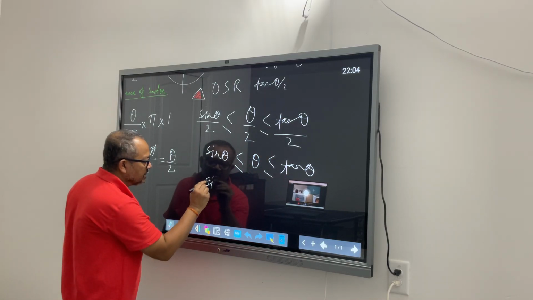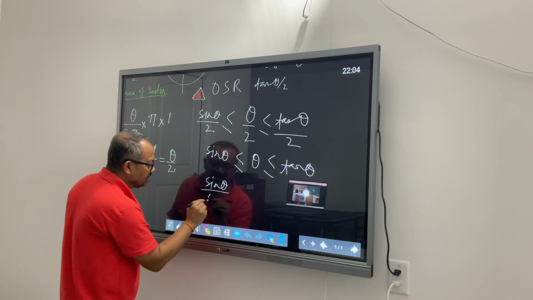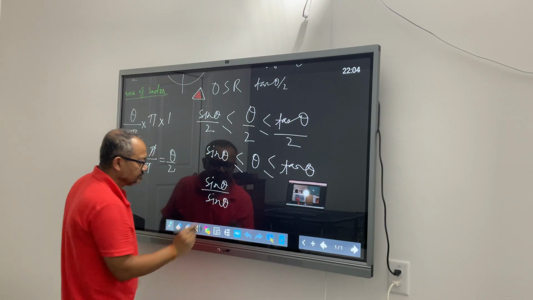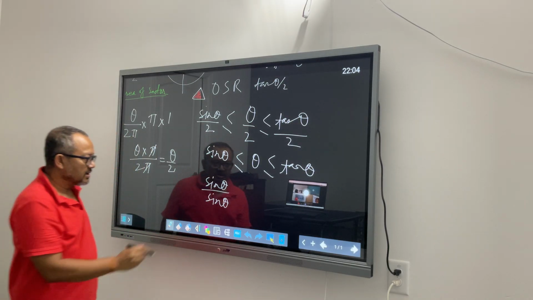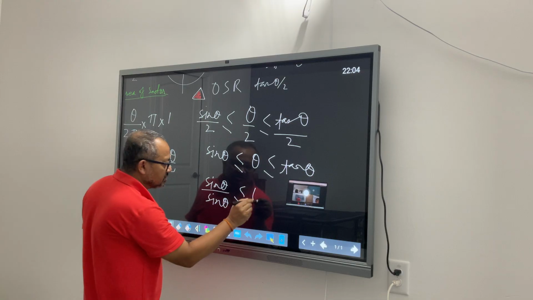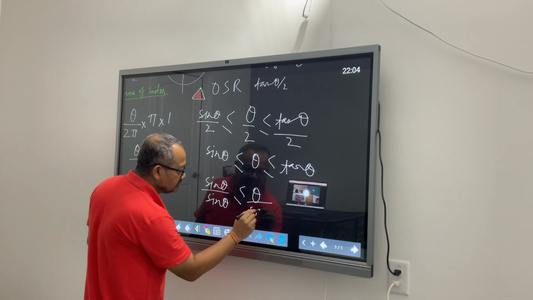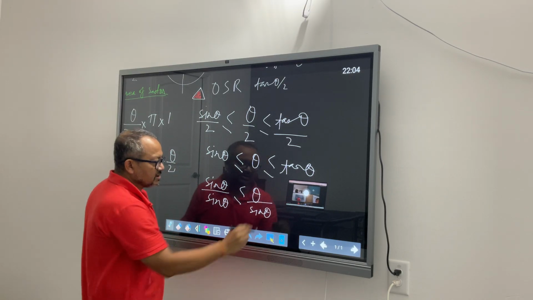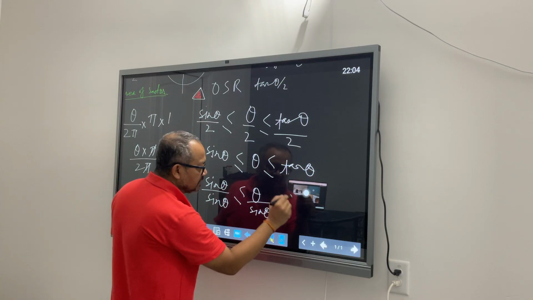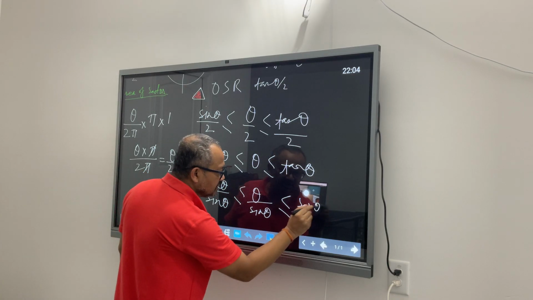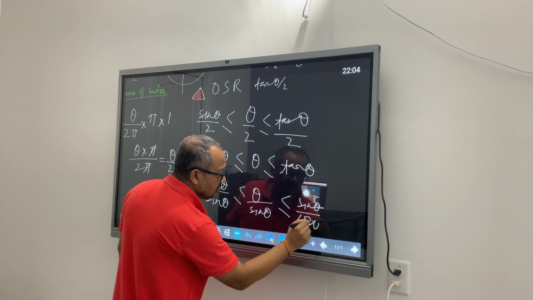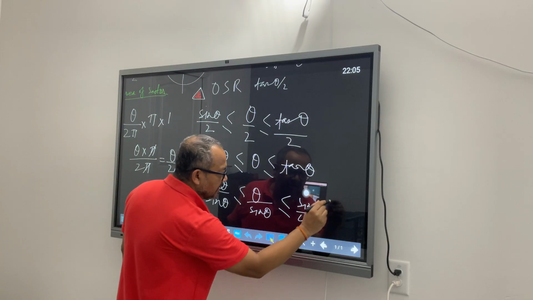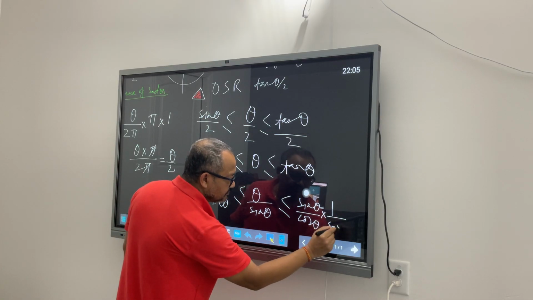So, sin theta over sin theta is less than or equal to theta over sin theta is less than or equal to tan theta, which is nothing but sin theta by cos theta, and I am dividing that by sin theta.